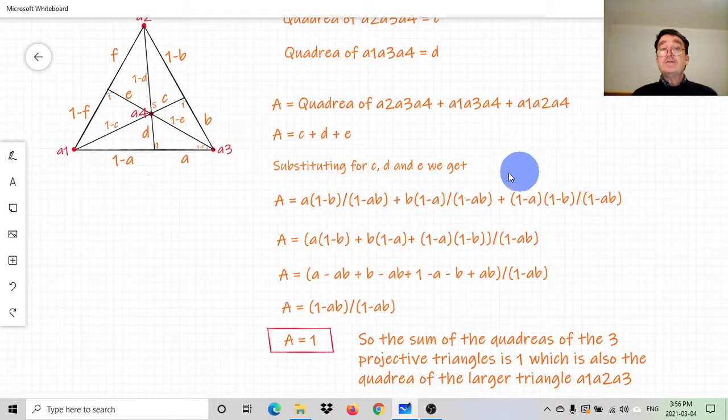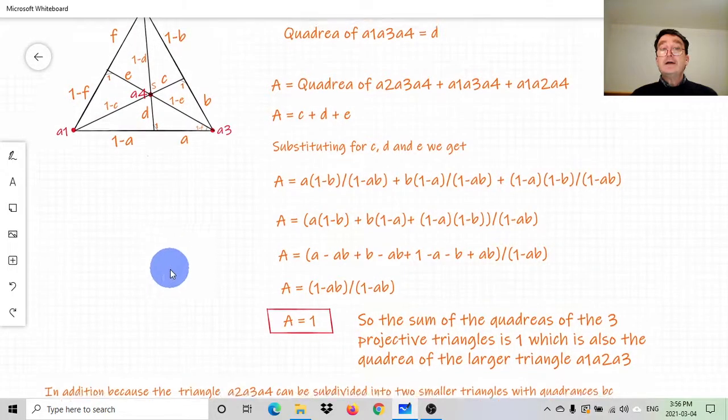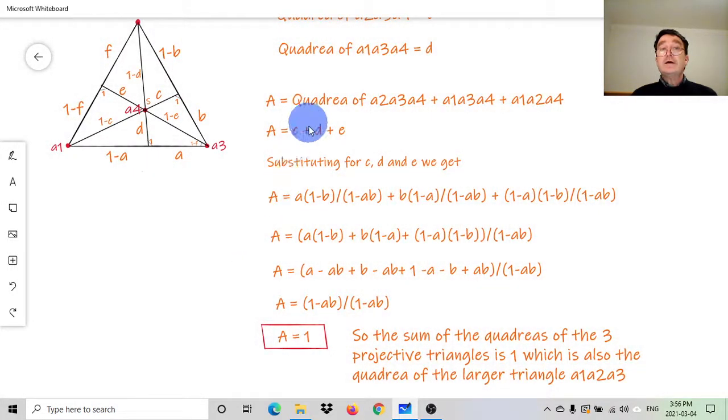And substituting for C, D, and E in terms of A and B, this is the formula we had for C, this is the formula we had for D, and this is the formula we had for E. And if we do a little algebraic manipulation of these, we arrive at this result, which simplifies to 1 minus AB divided by 1 minus AB, and that gives us a value of A equal to 1.